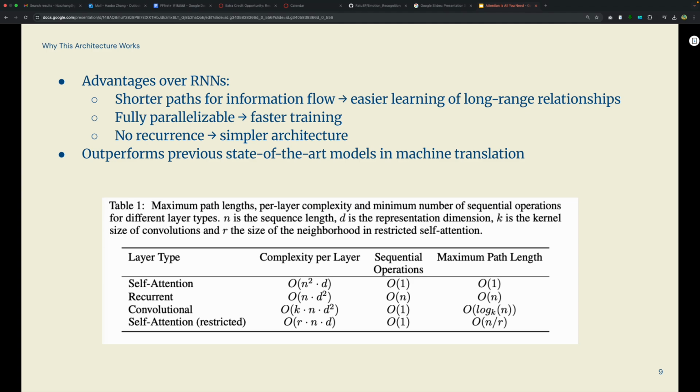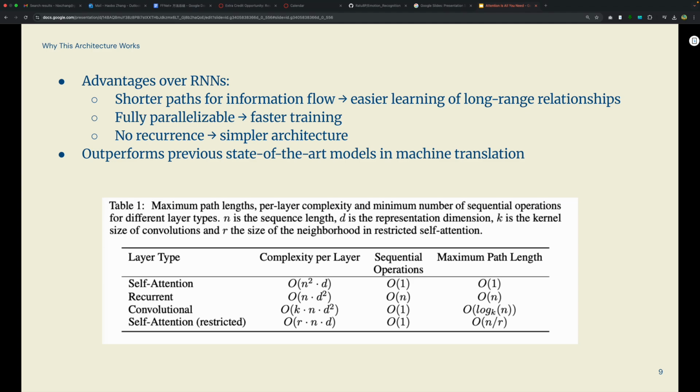Another big benefit is that transformers don't rely on step-by-step processing like RNNs. So this means all the words can be processed in parallel, which makes training much faster. Also, because there's no recurrence, the model design is simpler and easier to scale. This advantage helps explain why the transformer has outperformed older models in important tasks like machine translation.